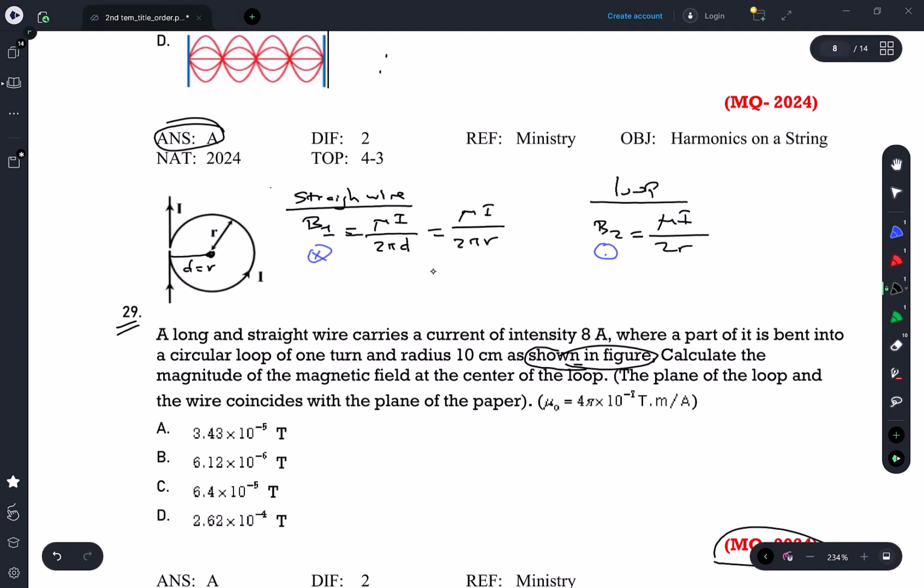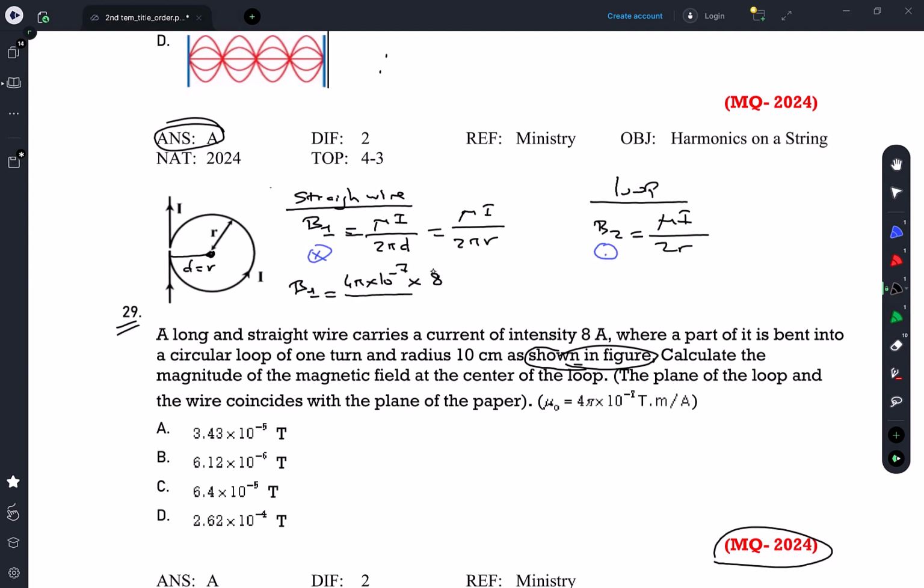Let's calculate them. B1 is equal to 4 pi times 10 to the power of negative 7, I is 8 ampere, divided by 2 pi, so the pi will simplify, times r, which is given as 10 centimeter, 0.1.